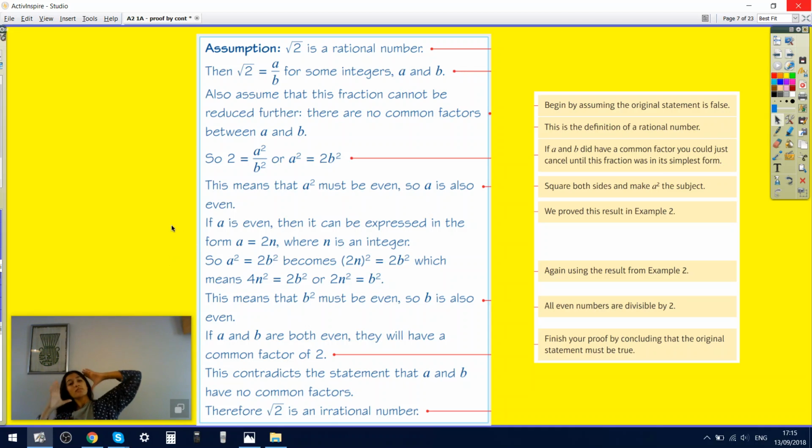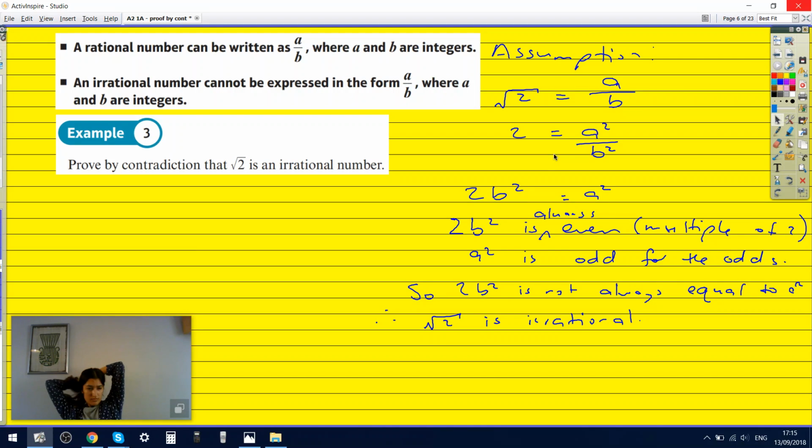That's what I was thinking. Just want to see if our one was fine. I think our one was fine. Let's see. Yeah, so the way they went about it was by saying with odd and even. So they said 2b squared.